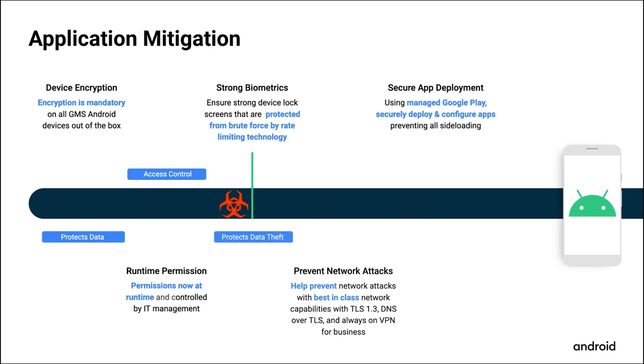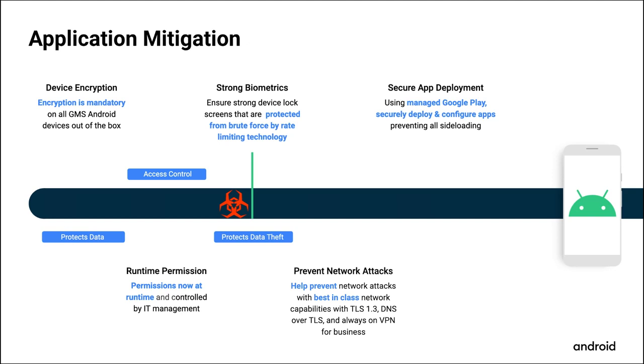Strong biometrics. We've introduced capabilities for quite some time now where the fingerprint, for example, provides a strong device lock mechanism, and it's used in conjunction with a strong passcode or PIN. But the biometrics make it easy for users to access the device. But those password and screen lock protections are protected now in new services that are running in modern Android that prevent lock screen and passcode brute force with rate limiting technology.